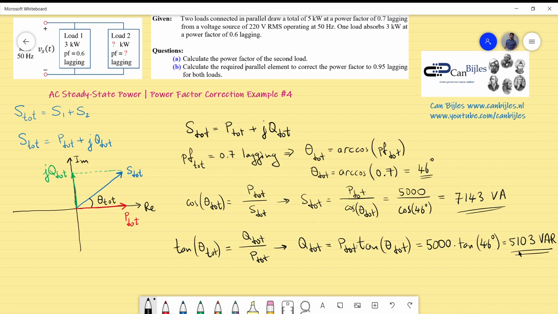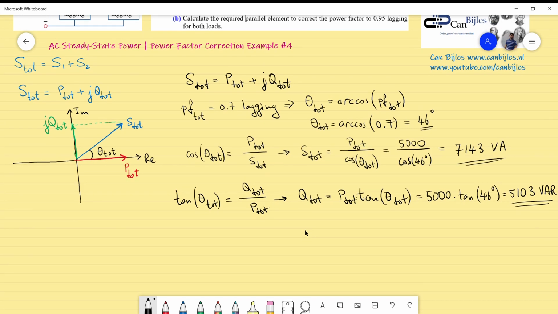Now that we have Q total and S total, and we already knew P total, we can fill in this formula. So what we have is the following.